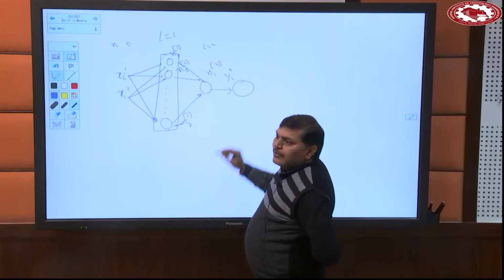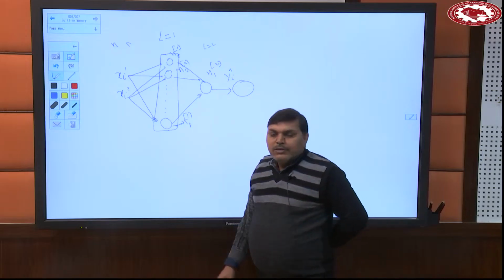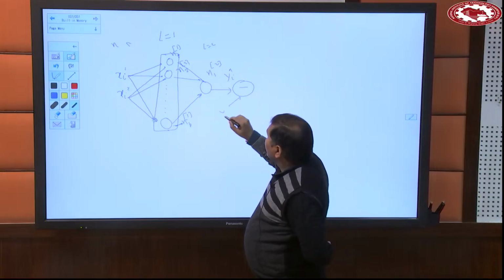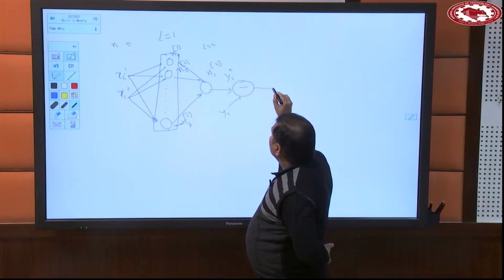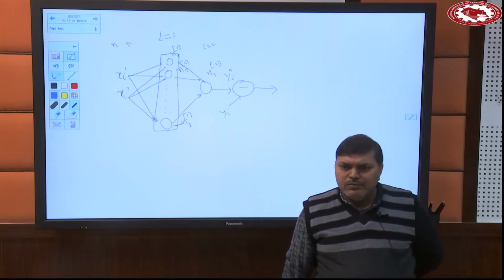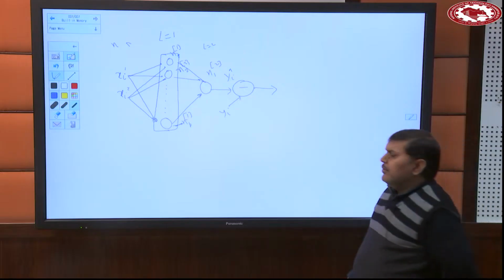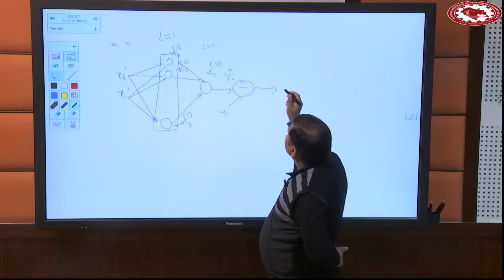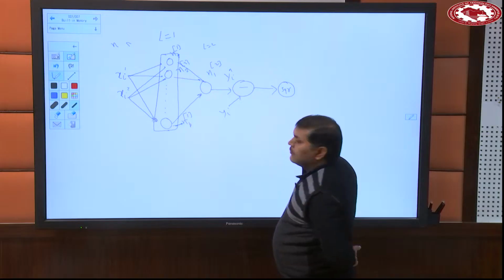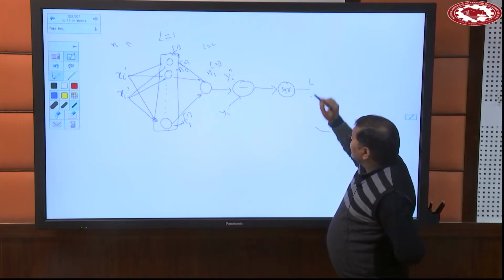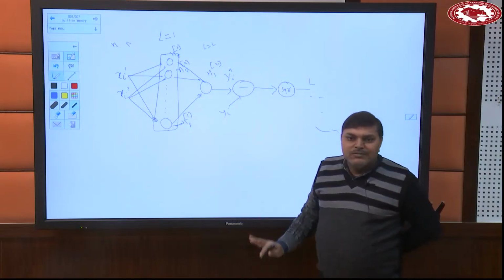You have a minus operator here; whatever operation you want to define, let us say this is yi cap minus yi, right. Then you have a square operator, and this is your loss. Is it clear?